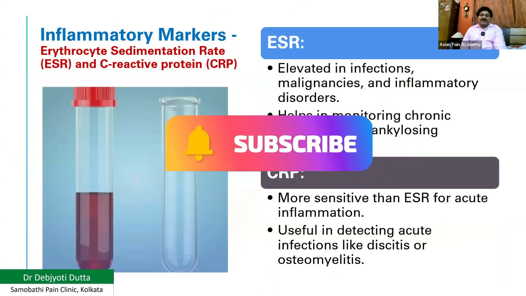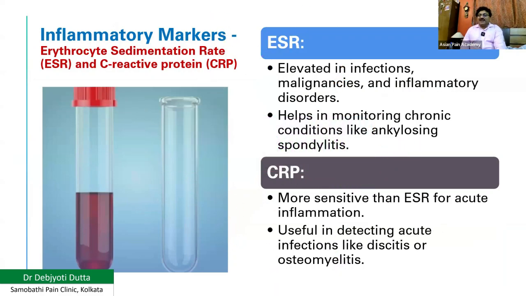Now, the most common test we ask for is to rule out inflammation. For a young patient with signs and symptoms of facet arthropathy or SI arthropathy on evaluation, you should not miss asking for these two investigations, that means ESR and CRP. Why? It is elevated in infections, malignancies, and inflammatory disorders.